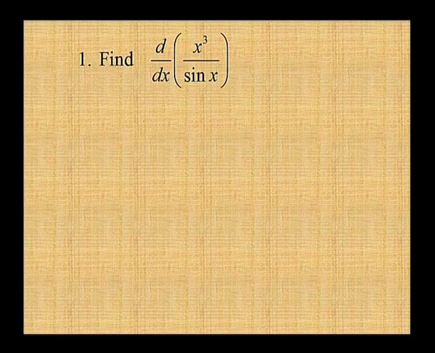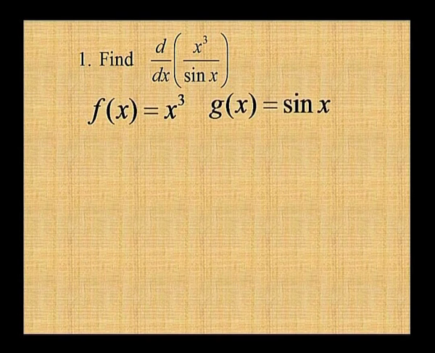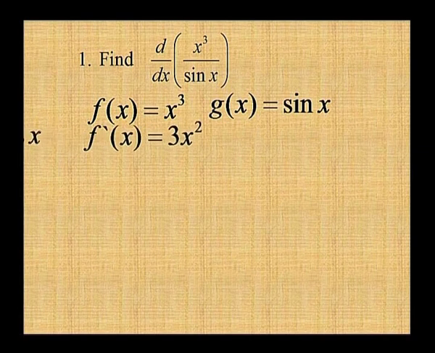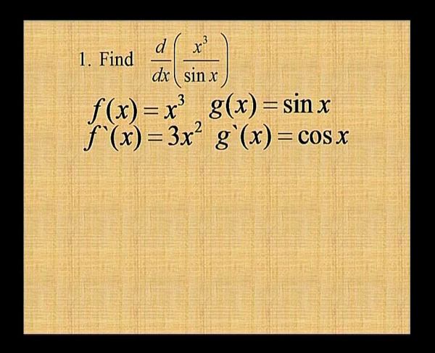Now we are going to use the quotient rule of differentiation. Find d by dx of x cube upon sin x, where x cube is f x and sin x is g x. The derivative of x cube, according to the power rule, is 3x square, and g x is sin x, whose derivative cos x is denoted by g dash x.